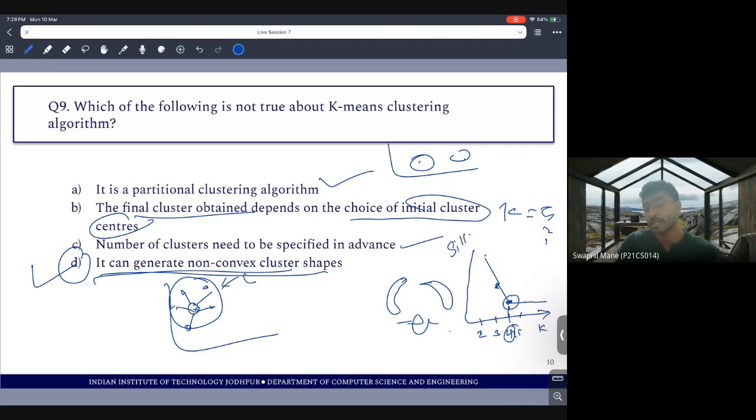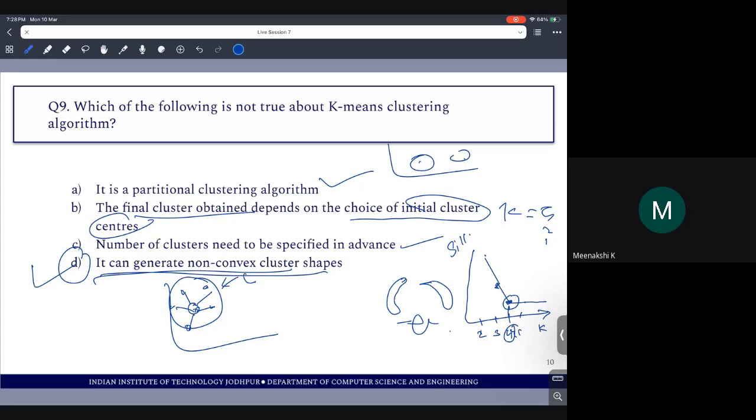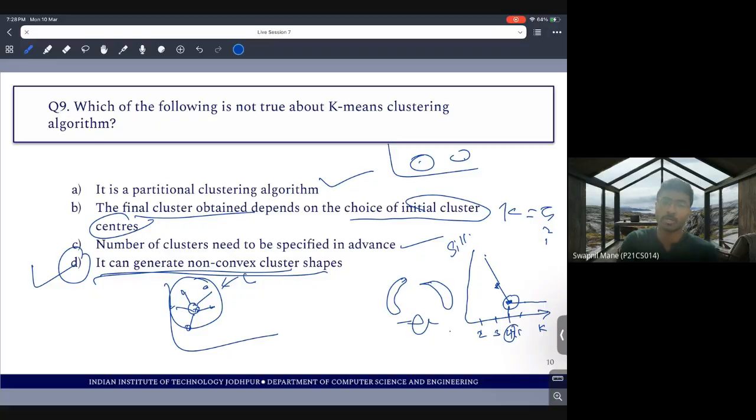So how can you evaluate your clustering algorithm that we have discussed right now? We need to find out the silhouette score, and based on that score. So this is an overall term, it's not just a particular concept.